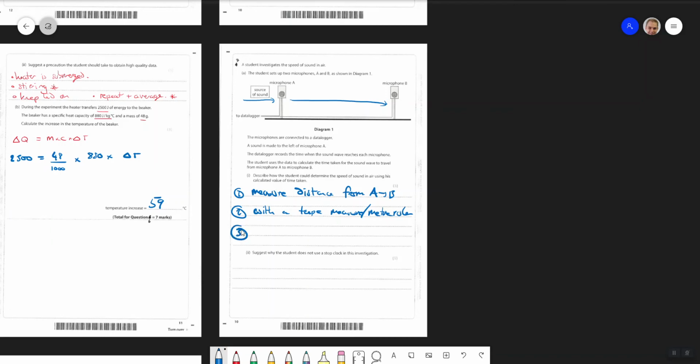And then third, we've got a time, we've got a distance, so we then use speed equals distance over time.